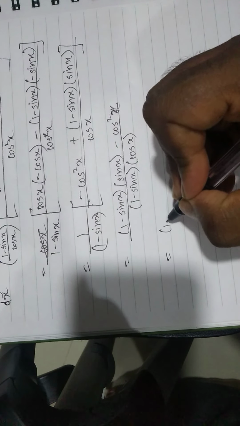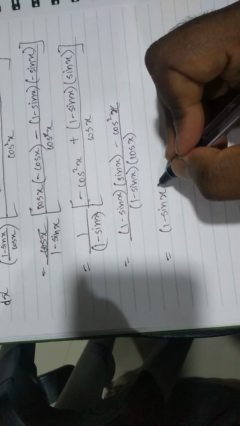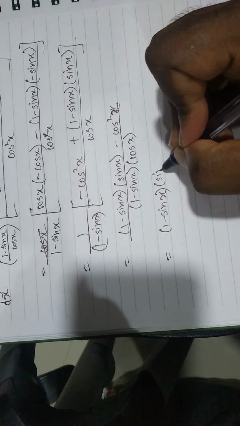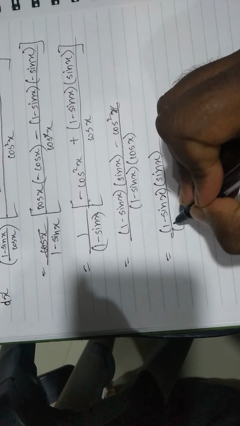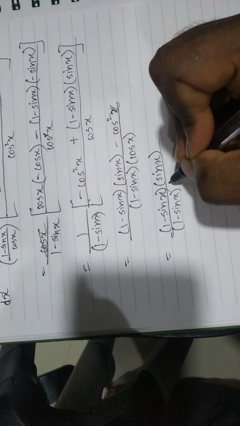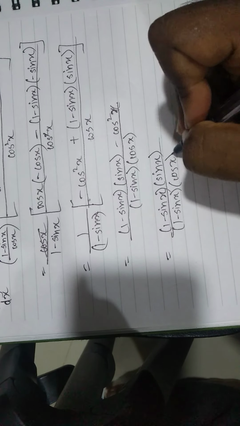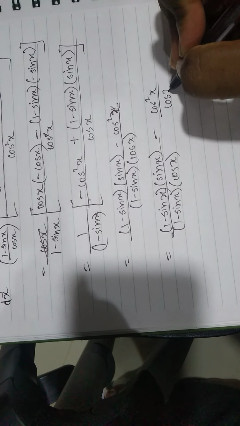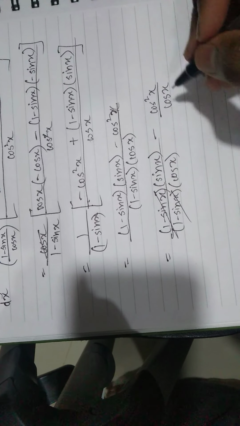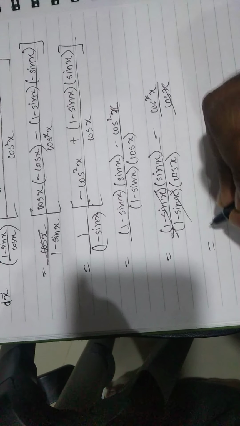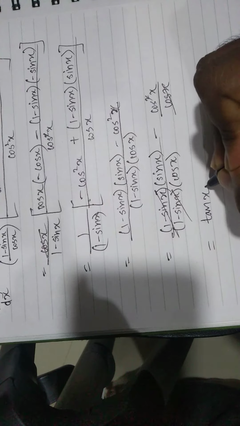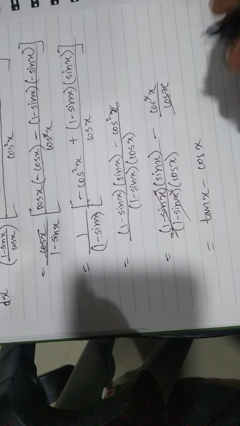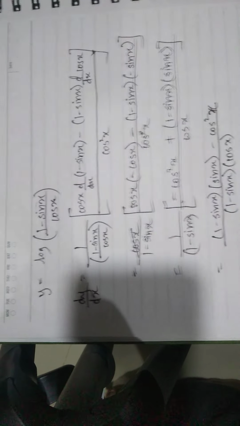So this is going to be 1 minus sin x times sin x upon 1 minus sin x times cos x, minus cos square x upon cos x. Here this entire bracket will cancel, so this whole expression simplifies into this much. So this is how you solve a derivative of this type.